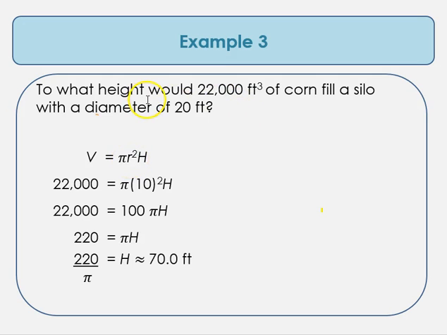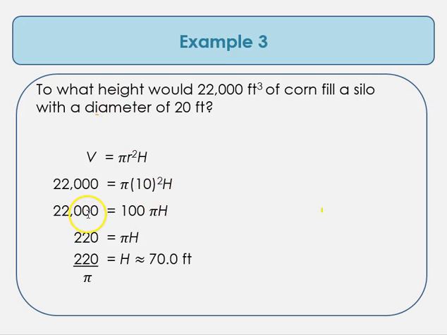So when we're back solving, we substitute all our known values into our formula. Be sure to write the formula down. So the volume was 22,000. It's pi times the radius, which is 10 squared, times the height. Remember, we're solving for height.